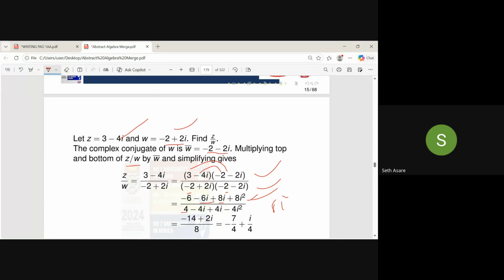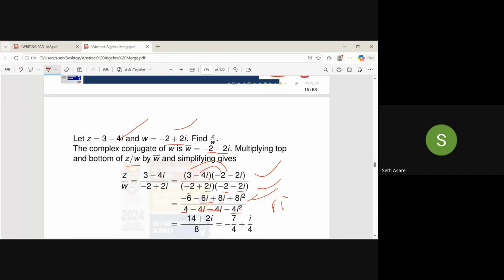Then I multiply 2i by negative 2. That one will give me also negative 4i. Then positive 2i multiplied by negative 2i will give me negative 4i squared. The middle one takes itself away, minus 4i plus 4i.